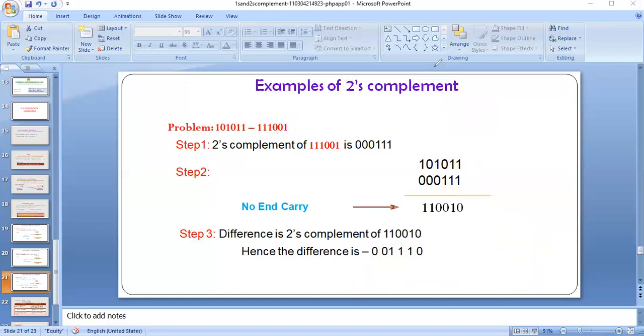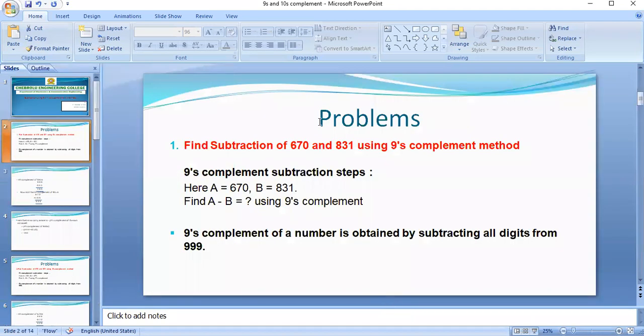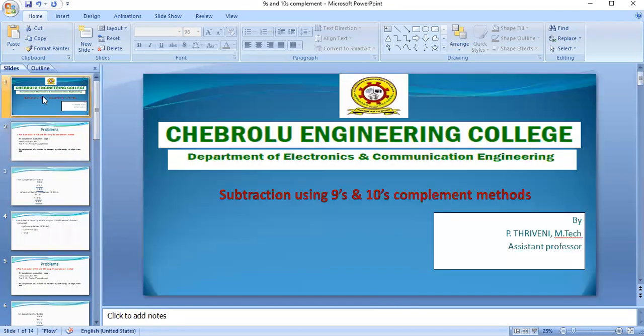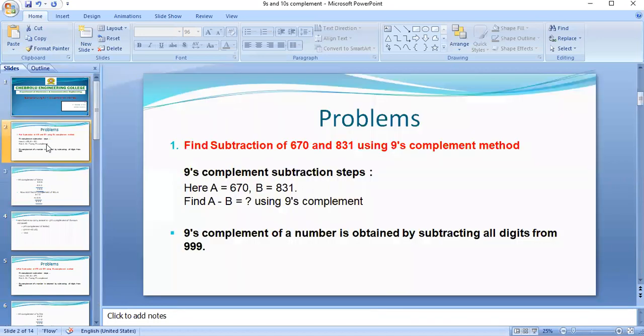Okay, so next one, nines and tens complement. How can we perform the subtraction using the nines complement and tens complement methods? Nines and tens complement are for decimal number systems only.